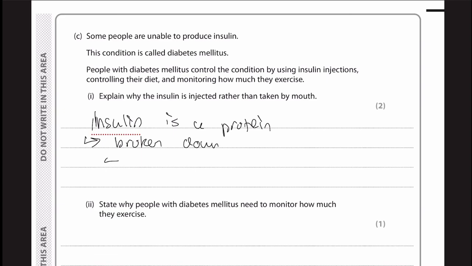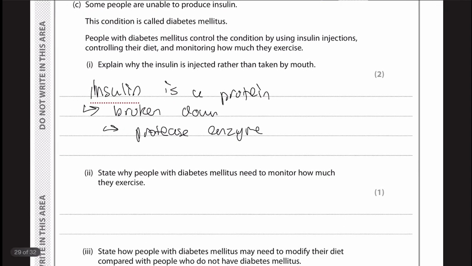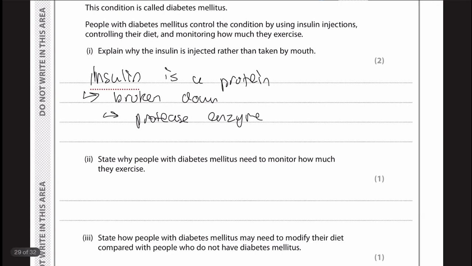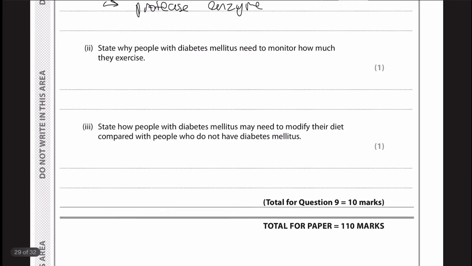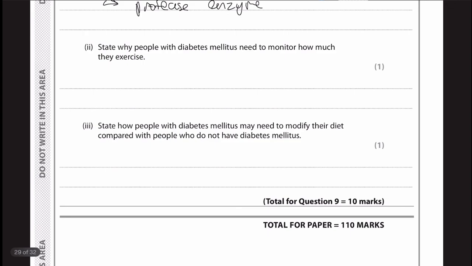Because we have so many protease enzymes. We have pepsin, trypsin, and even protease enzymes in the small intestine as well, on top of the stomach. So there's a lot of ways that it's going to be broken down, which is why we need to take it via injection.